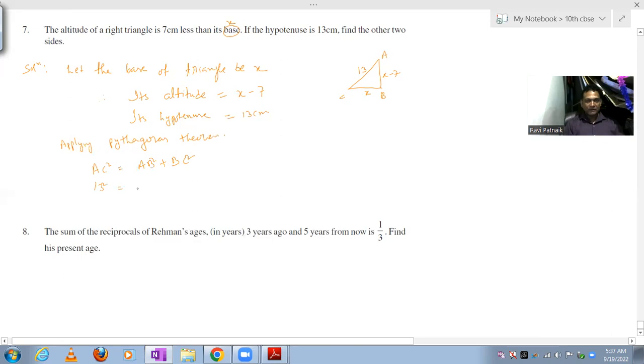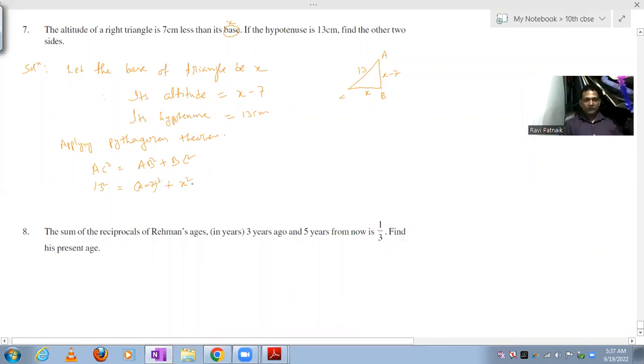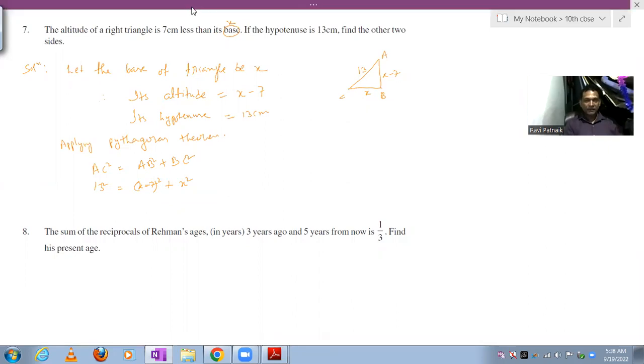AB means x minus 7 whole square plus BC square means x square, right? So AC square is equal to AB square plus BC square. This is about the Pythagoras theorem.